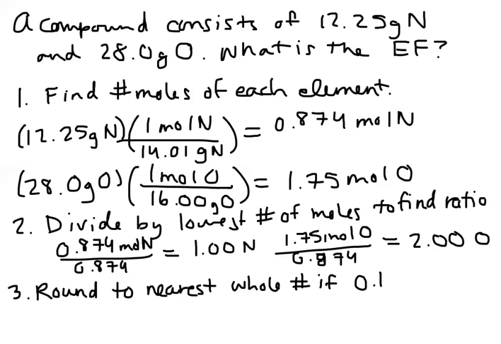They're actually exactly 1 and 2, so we don't even have to round. But what that tells you is that we have 1 N and 2 oxygens, which means our empirical formula is what? NO2. That's your empirical formula.